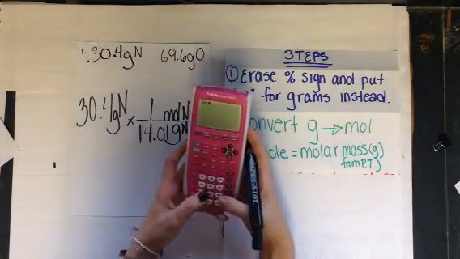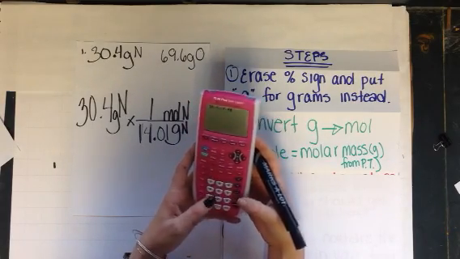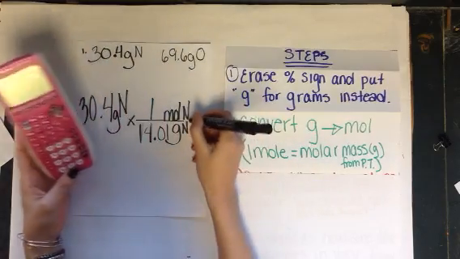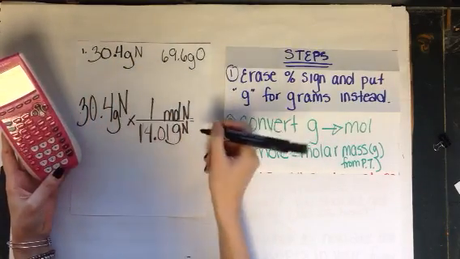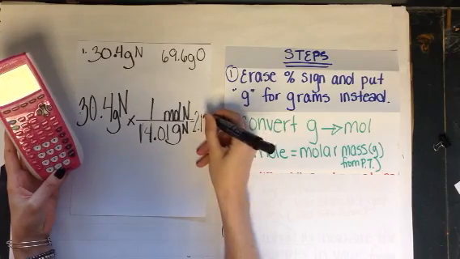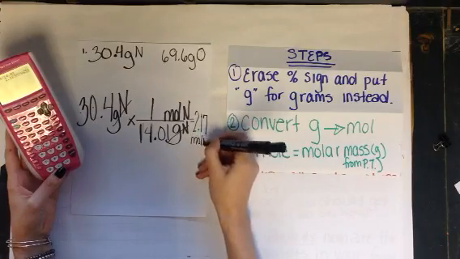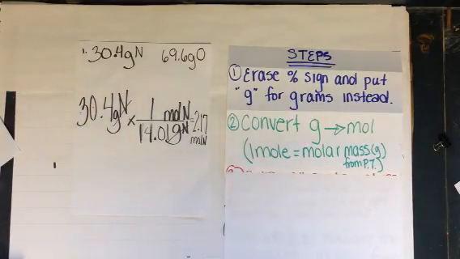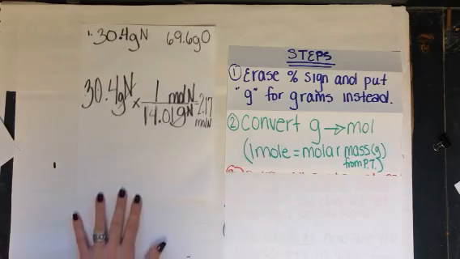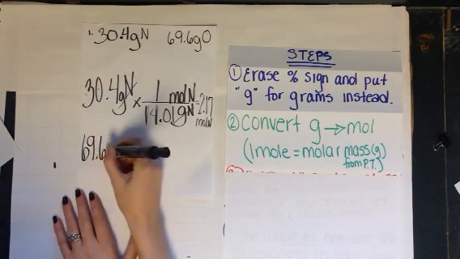Do a little bit of math. So 30.4 divided by 14.01, and I get 3 sig figs, 2.17 moles of N. Good. So far I've got moles of nitrogen. Now I'm going to do the 69.6 grams of oxygen.